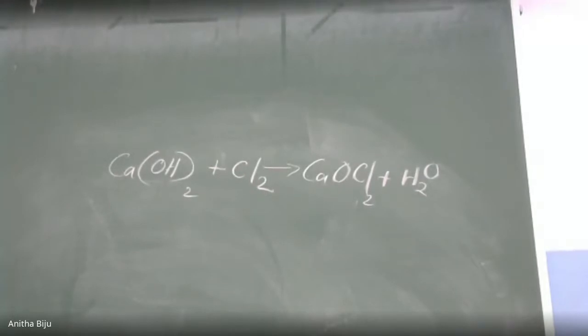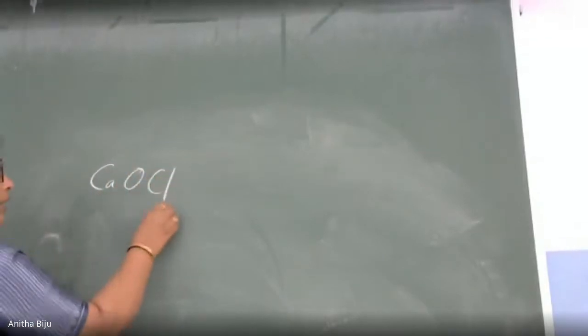And the next one is very important. When we keep bleaching powder in open air, what will happen? It is known as the action of air. You know that the atmosphere is full of different gases, and the major components are nitrogen and oxygen.